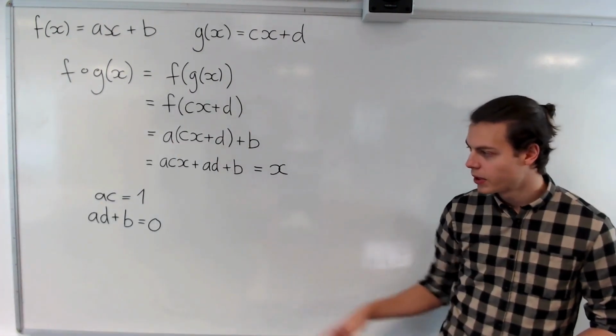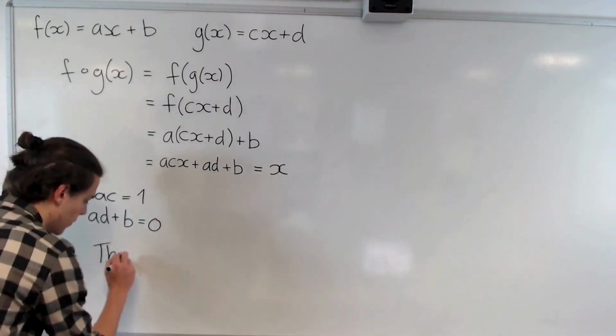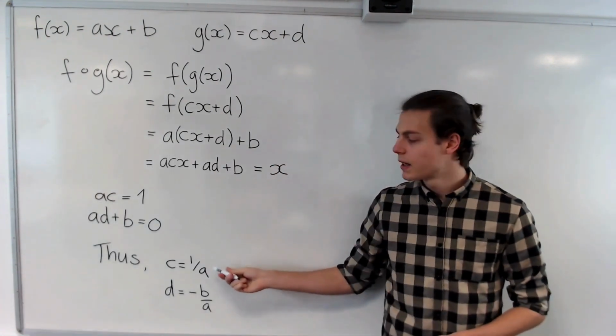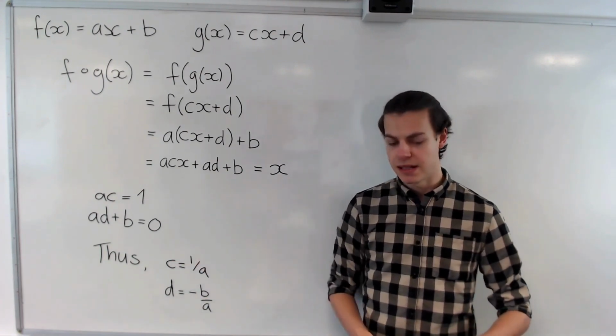And thus, rearranging these, we find that c is 1 over a and d is minus b over a.